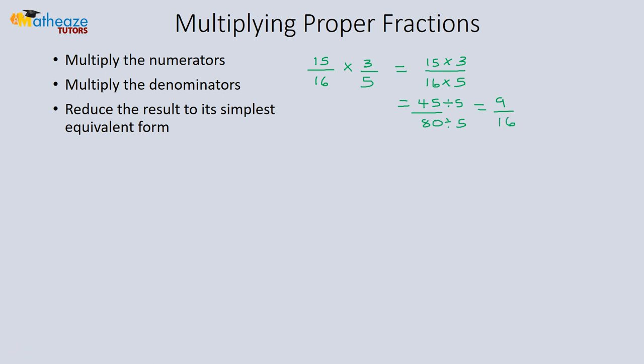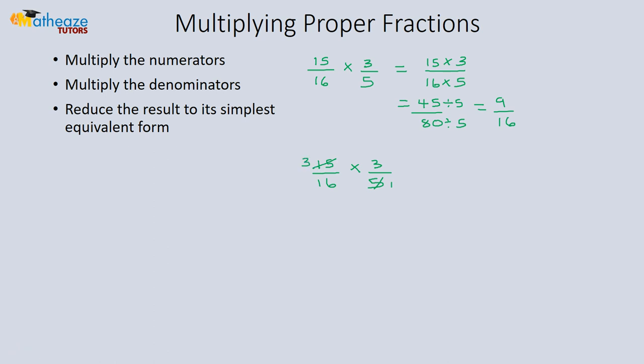Now let's see if we can use the other approach. So 15 over 16 times 3 over 5. So we look in the numerator space and the denominator space. What can we find? We can find that 15 is a multiple of 5. So we divide by 5.